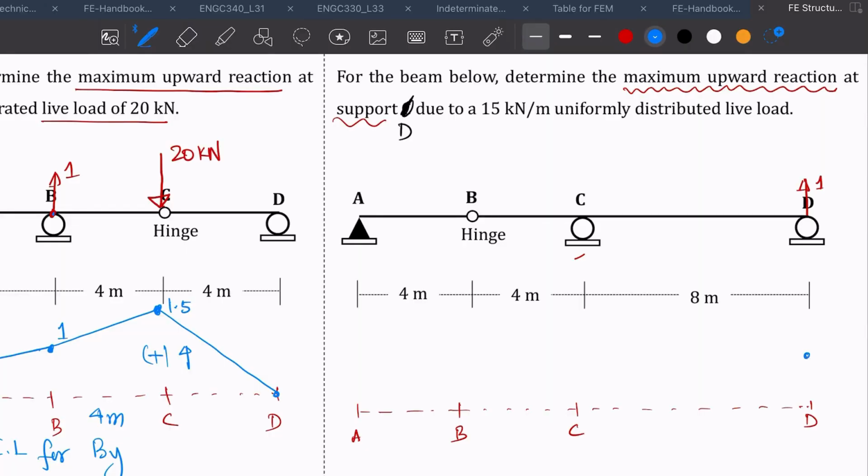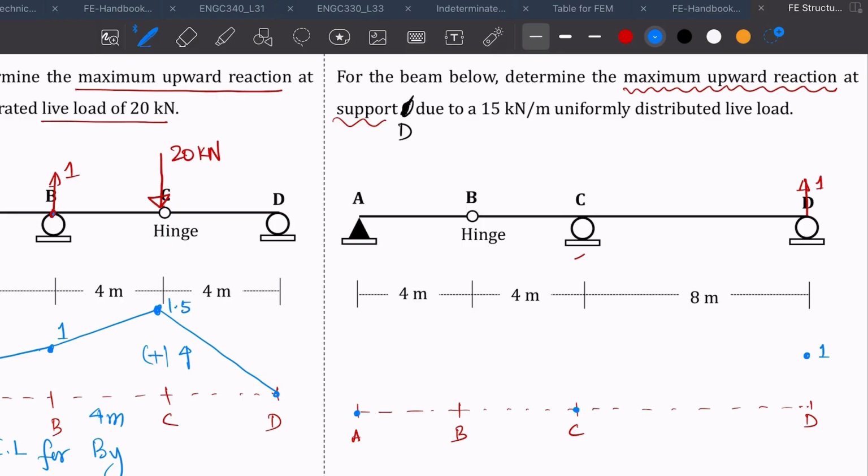Again, we move a distance here, we'll call it 1 because that's a unit distance. And your C cannot move according to the Mueller-Breslau principle. You cannot move the support up or down, but you can rotate the beam because a roll support is allowed to rotate. And then B is a hinge, it can go up or down, and A also cannot go up or down but can rotate.